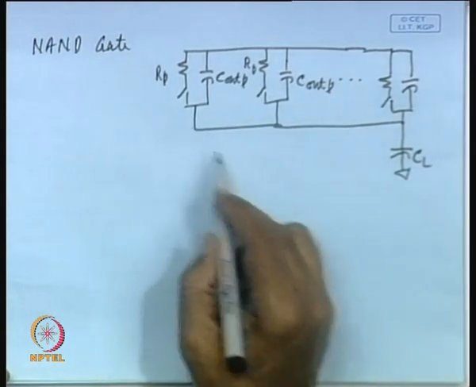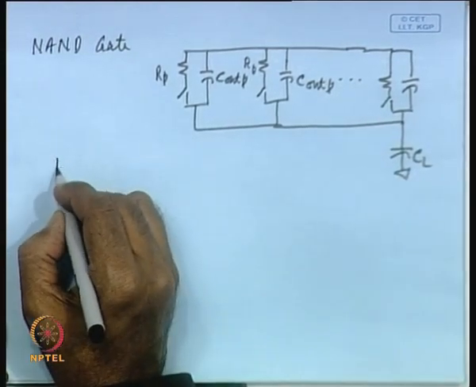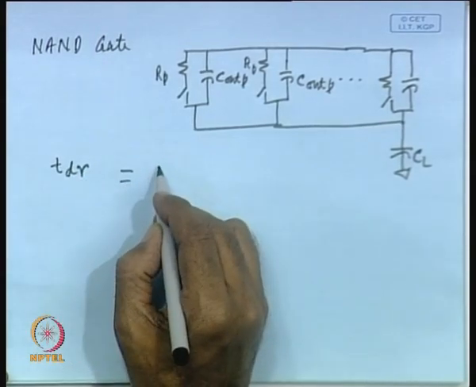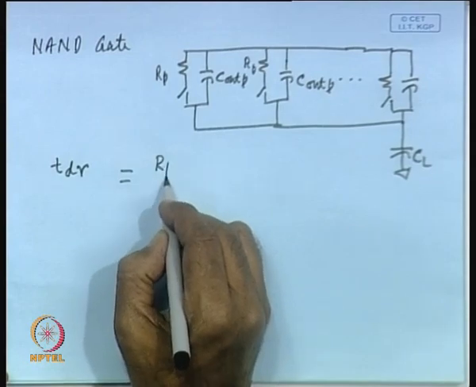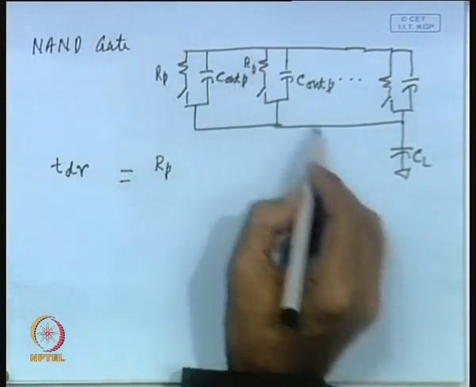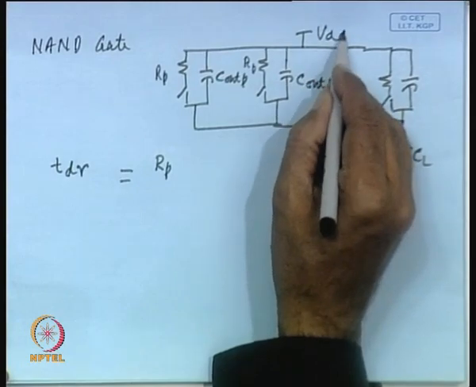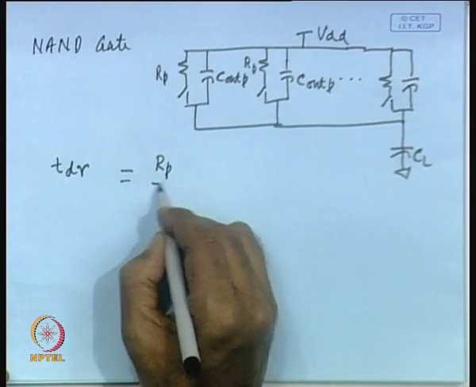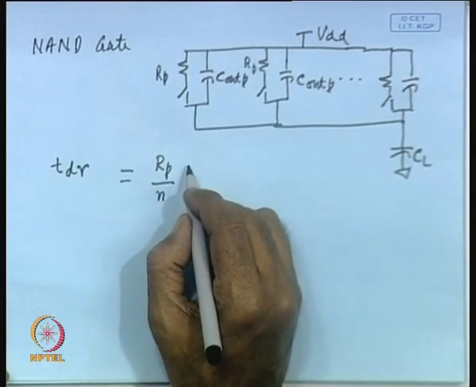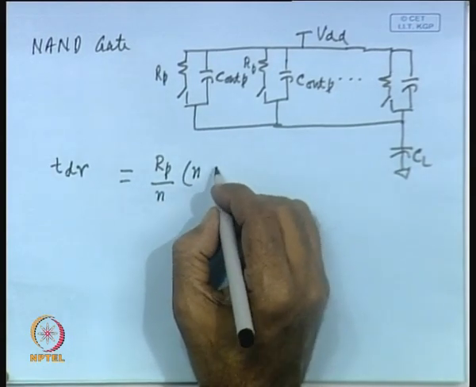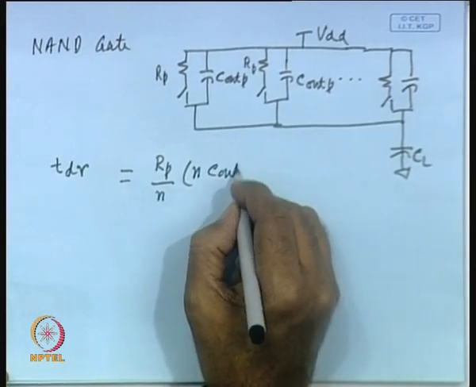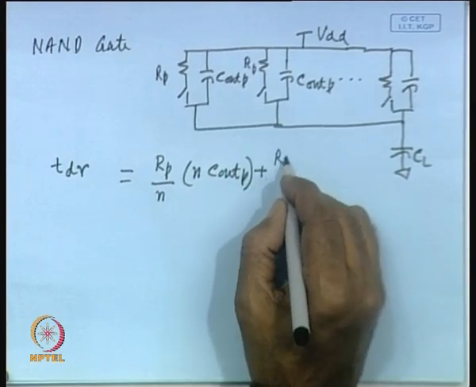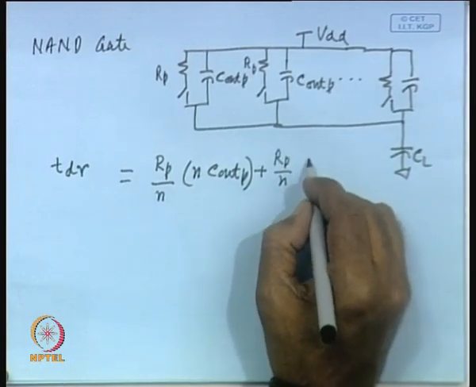Considering this, the time delay rise time TDR can be derived. It is charging through Rp, which is connected to VDD, so the rise time will depend on Rp and C out P. It can be derived that it is equal to Rp by n into n C out P plus Rp by n CL.